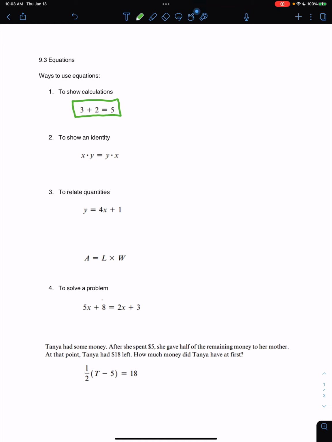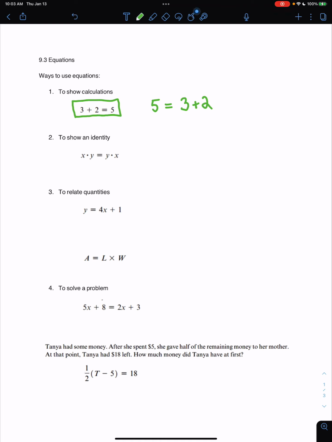And so we can trade sides if we want to. So in this case, we can write the equation as 3 plus 2 equals 5. Or we can write the equation as 5 equals 3 plus 2. Because that equal sign means that both sides are the same. Okay, so that's really important, especially when we get into solving equations.